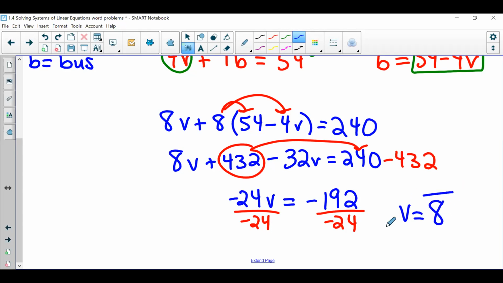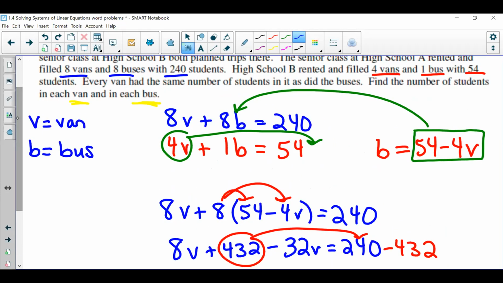Good. So you just found that the vans can hold 8 people each. Now we need to figure out how many people can go on the bus. I'm going to go back to our first two equations. Which one, the red one or the blue one, would be easier to solve for the number on the bus? The top one, because there's already 8 in the van.